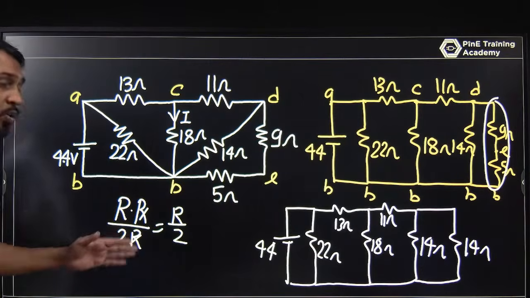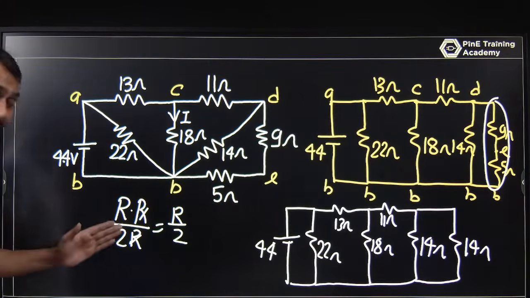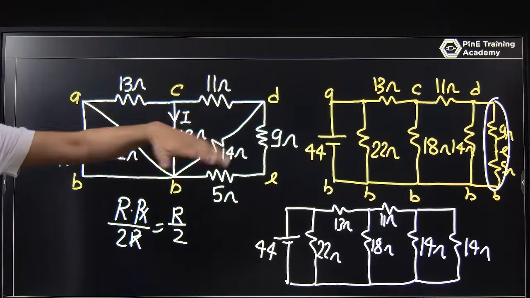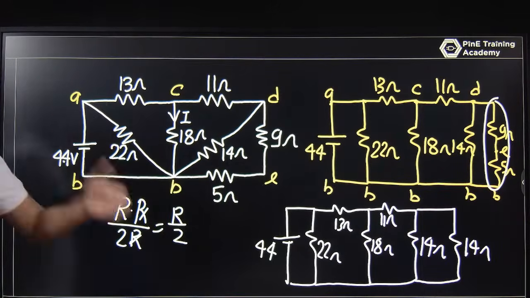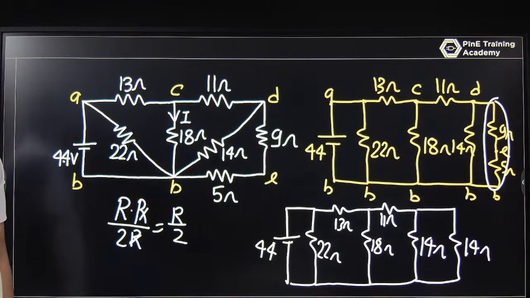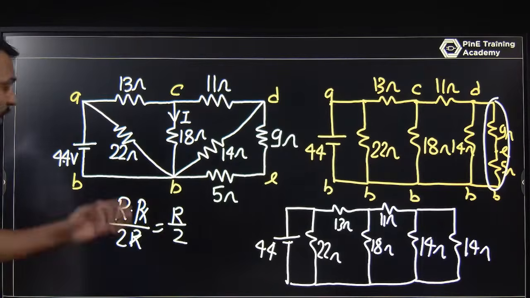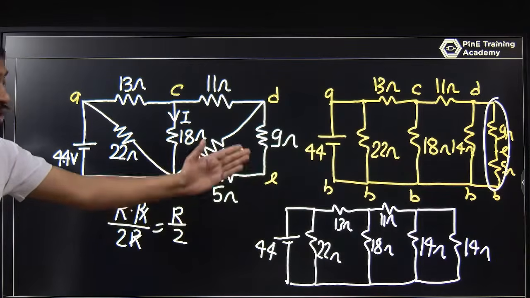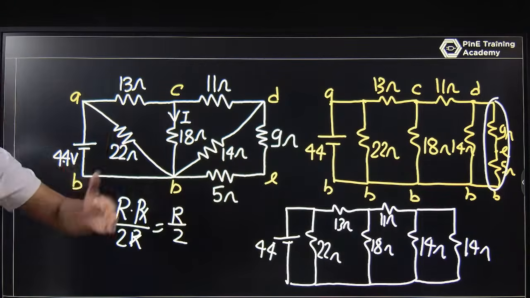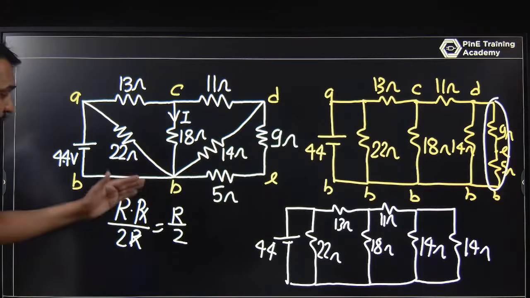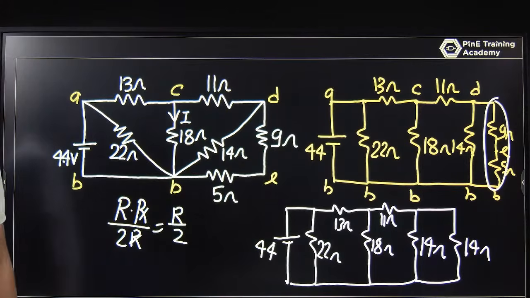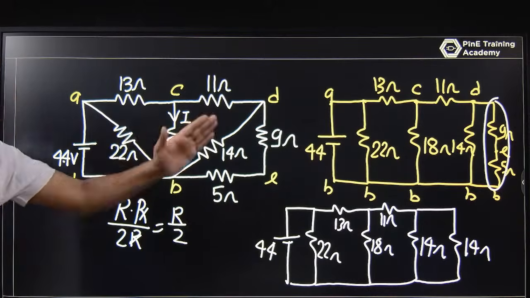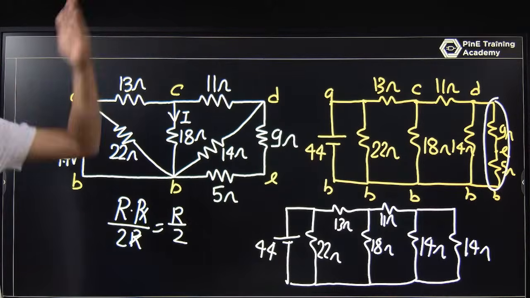Or any value R, if it is in parallel 2 times, 3 times, 4 times, 5 times, n times, it will be R by n. So 14 ohm and 14 ohm in parallel become 14 by 2, that is 7. And if 14 is in parallel 5 times, it becomes 14 by 5.